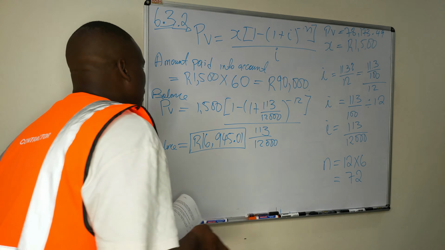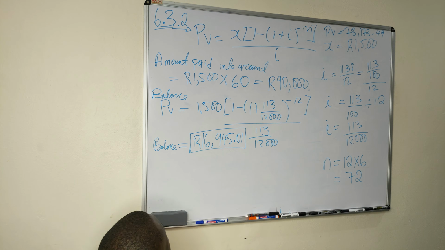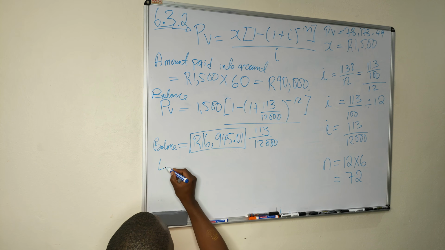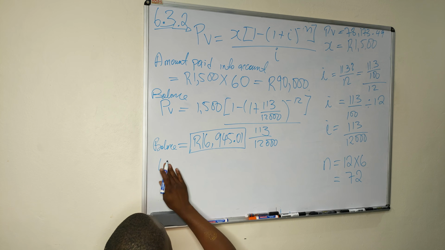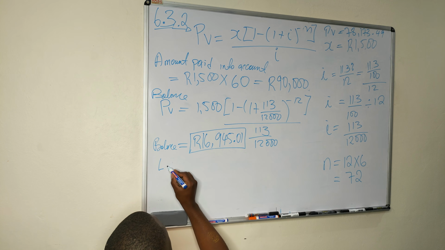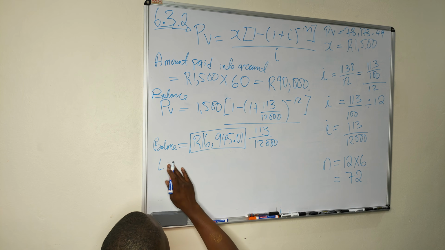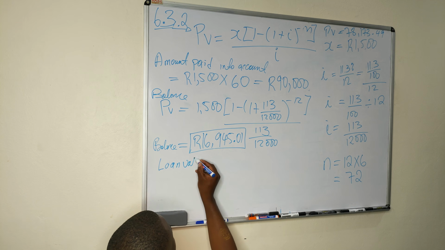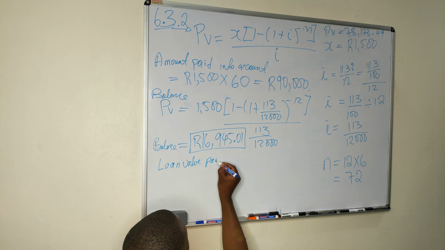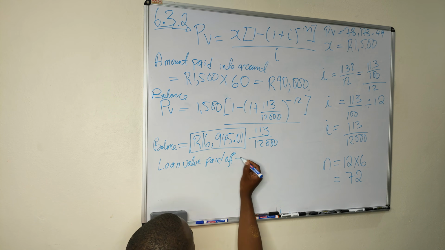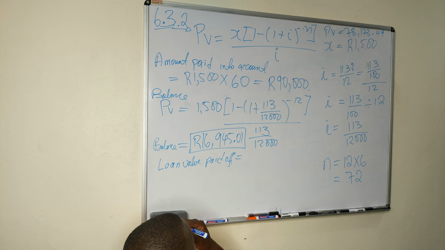So the paid off amount, which is, I don't know how to name these things, loan, let me say, loan value paid off. How much of the initial loan has been paid off?